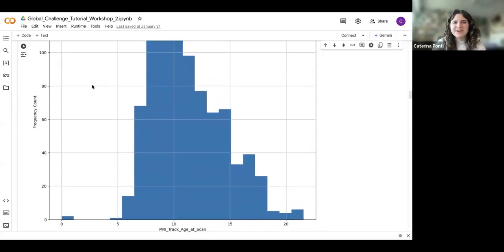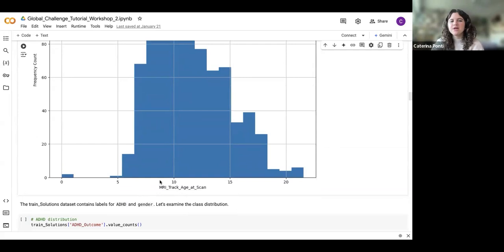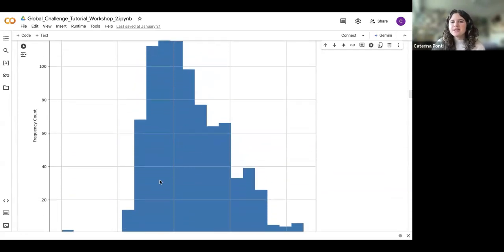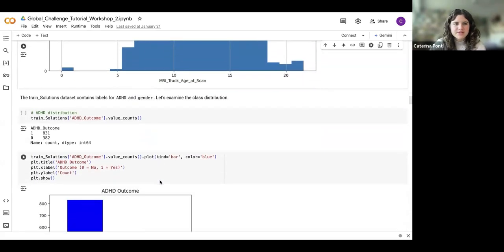And you can see that, oh my god, this graph is really big, but the most popular age is around 8 or 9 years old, which is telling us that our dataset is mostly of young subjects. So that's really important to notice.